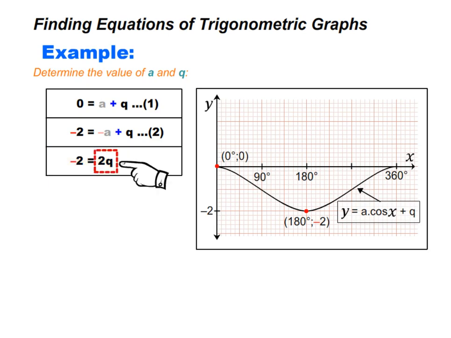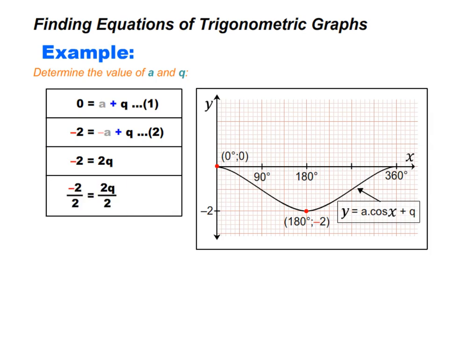Look at this 2q. Between 2 and q, there is a multiplication sign. Let us divide by 2 on both sides of the equation. So far we have negative 2 over 2, and this is equal to 2q over 2. Look on the left hand side.